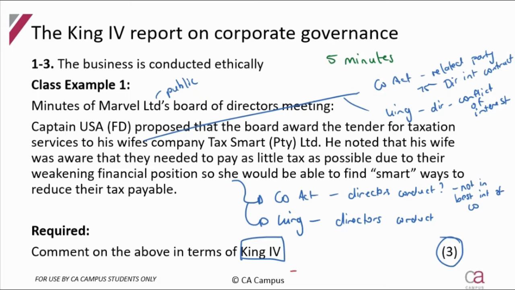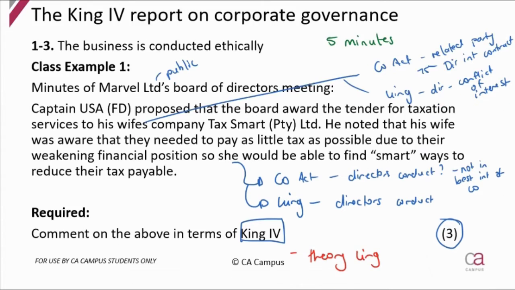My first step is to put down the theory from King and then go and apply the information to the question. Where I've already seen here, the director has a potential conflict of interest, I will put down that point as a theory mark and then go and apply the fact that the FD has proposed to use the services of his wife. So that's the application of showing that there is a conflict of interest.